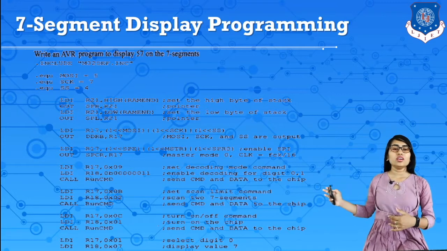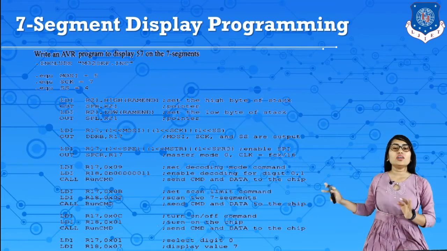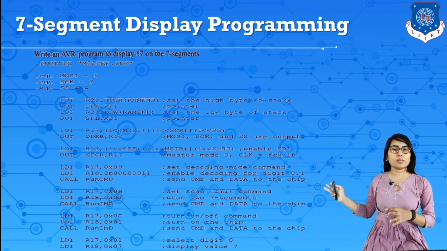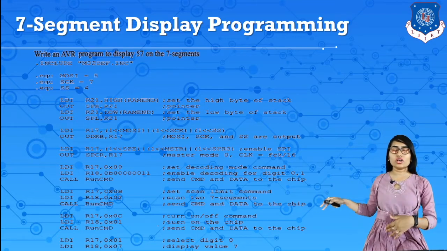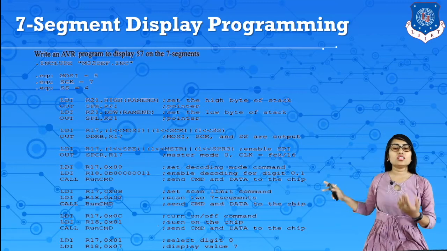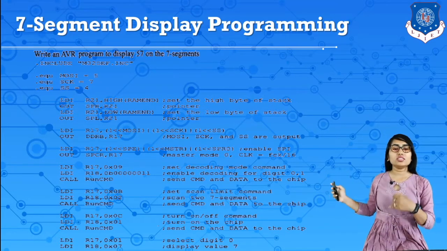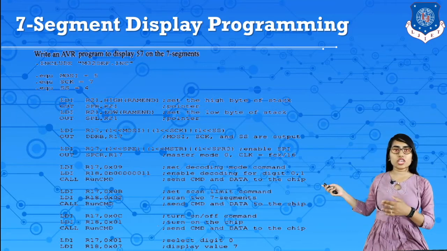Okay, then here set the scan limit command and scan the 7 segment display, and then send the command and data to the IC. After sending this command and data, turn the chip on or off, turn on the chip and send this command and data to the chip, and then select digit 0 and display the value 7.